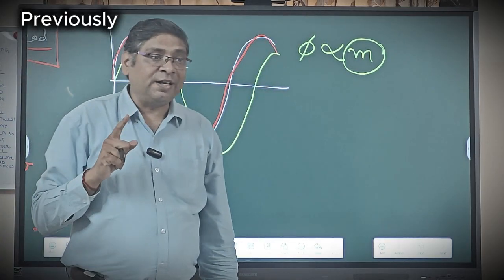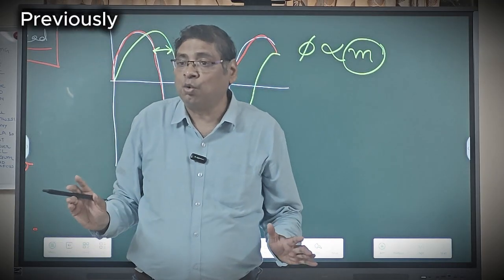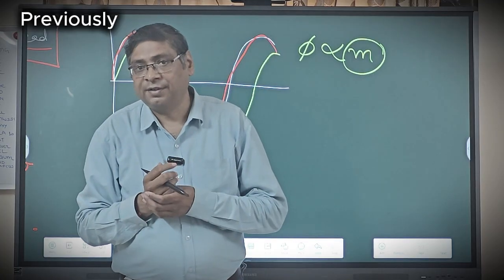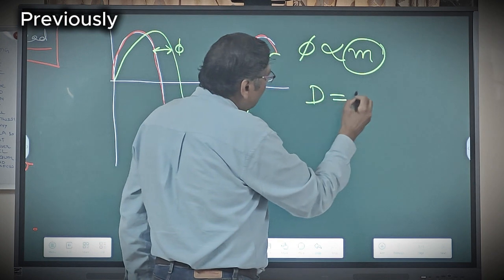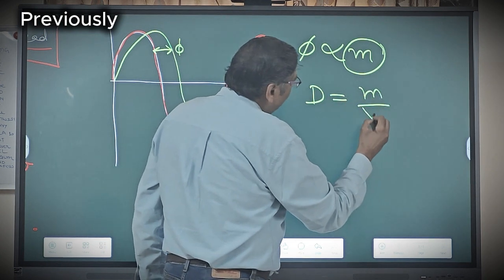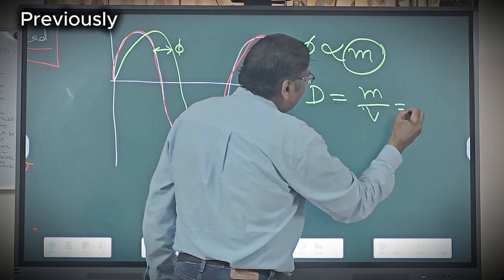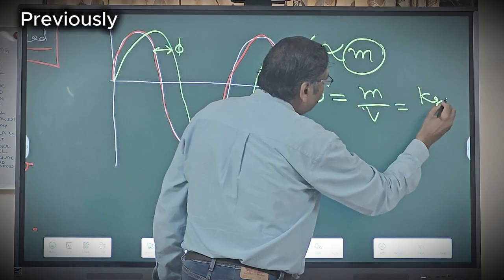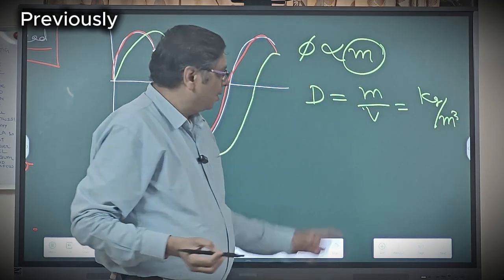Now another concept is very important. People will ask you, or if not ask, but as an engineer you should know: what is density? Density is equal to mass upon volume, kg per volume.